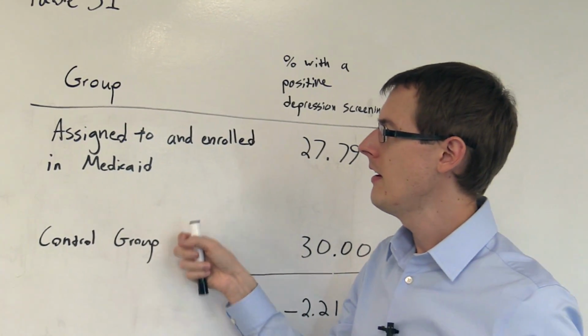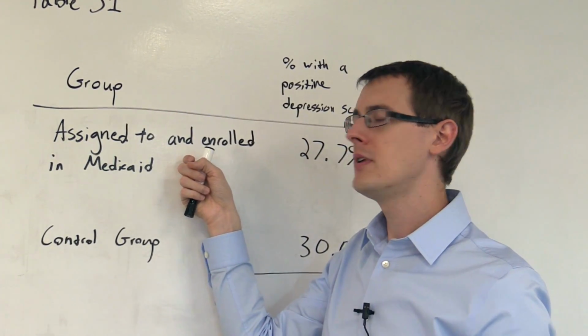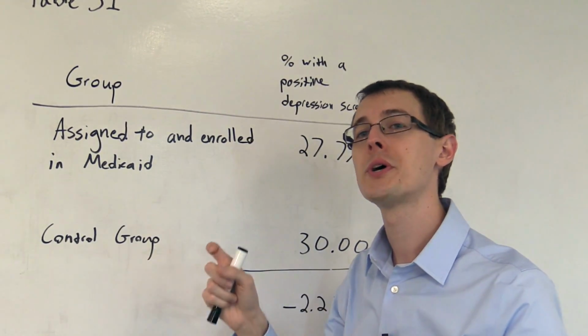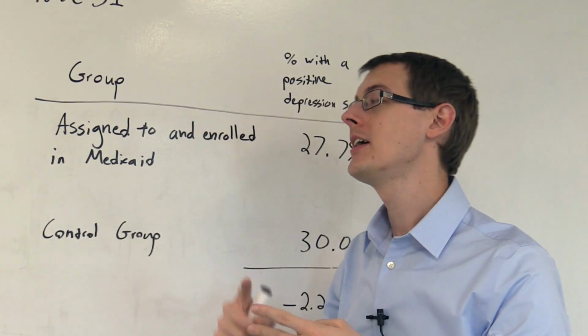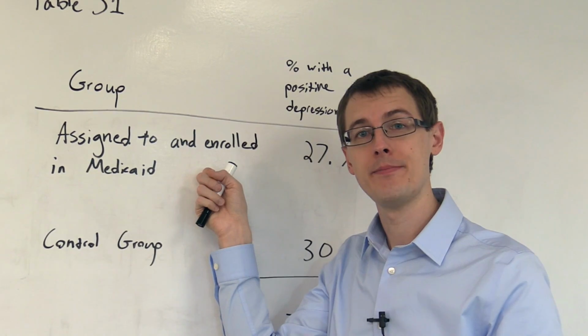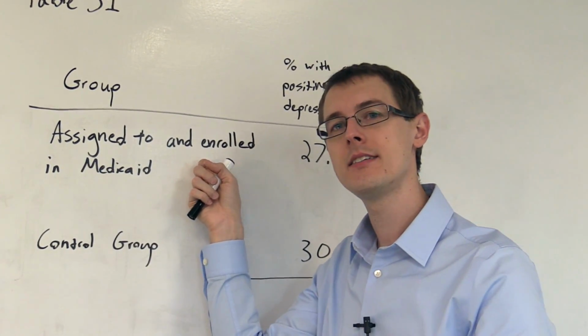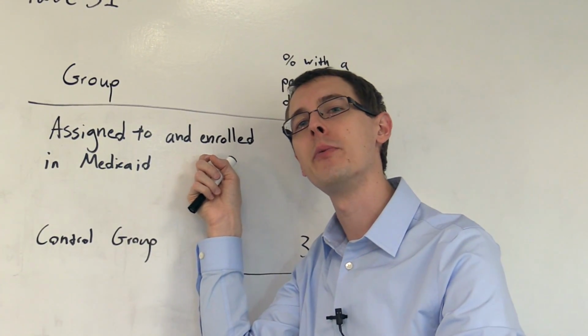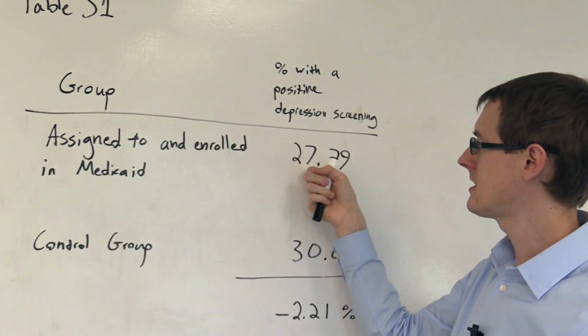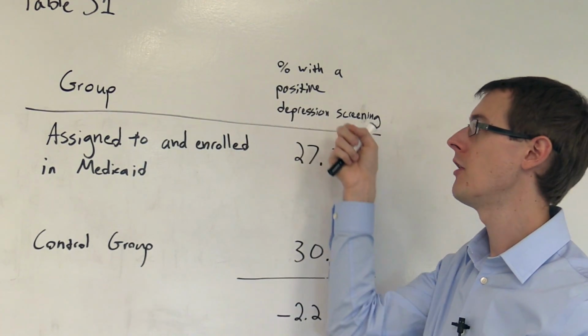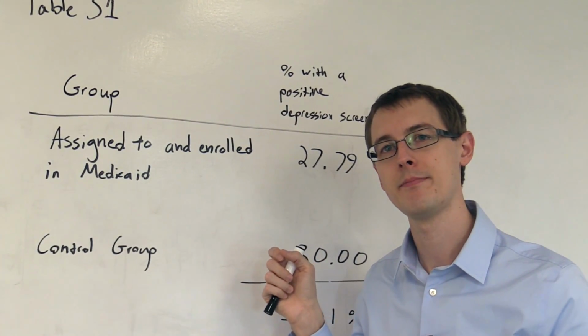Now up here, I've got a very specific group, the people who were assigned to get Medicaid, and they actually enrolled in Medicaid. So these are the people who were assigned to and complied with getting the treatment. Among those people, 27.79% had a positive depression screening.